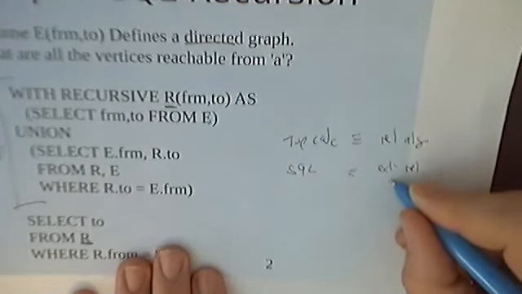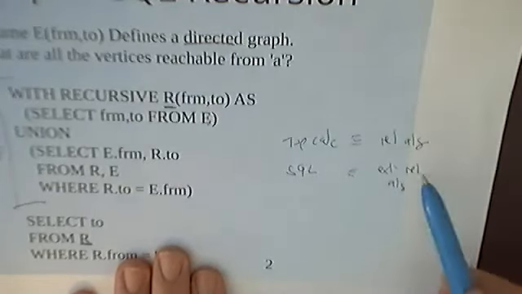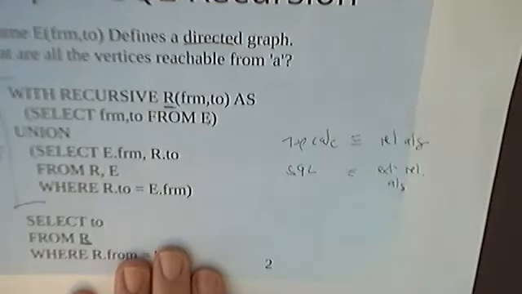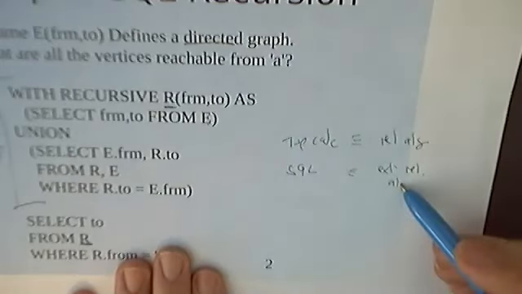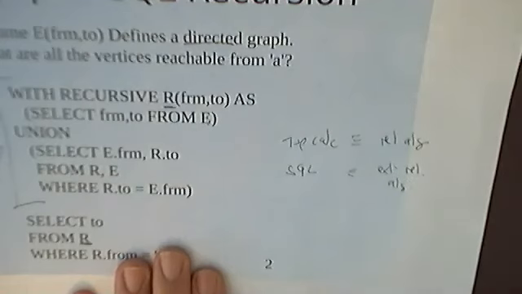Is there anything I'm missing in terms of the SQL, that I introduced in the extended relational algebra? Is there any operations that I have not shown the SQL for? I don't believe so. I think we got them all covered. There was sorting, there was aggregation, there was outer joins.